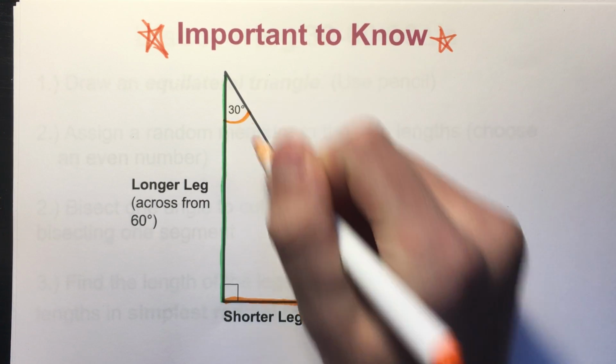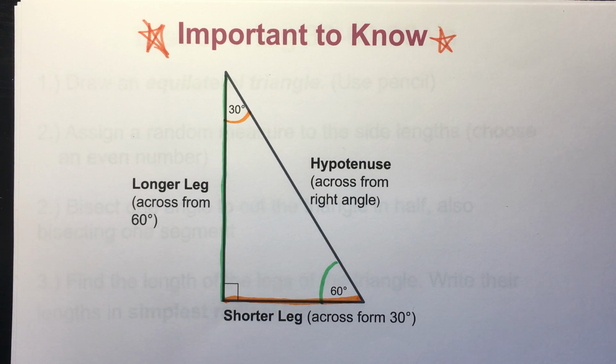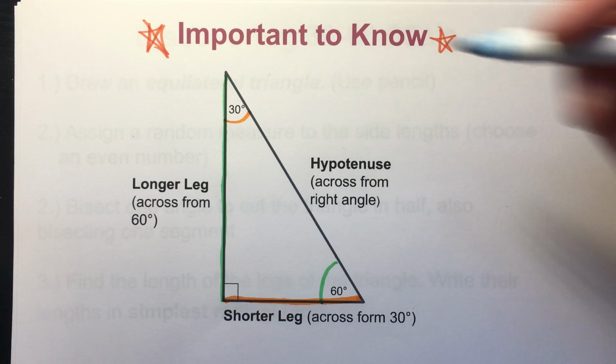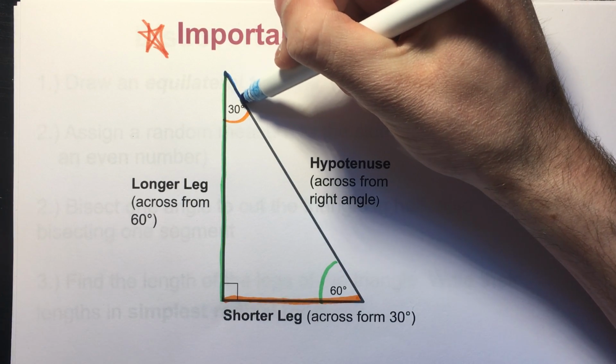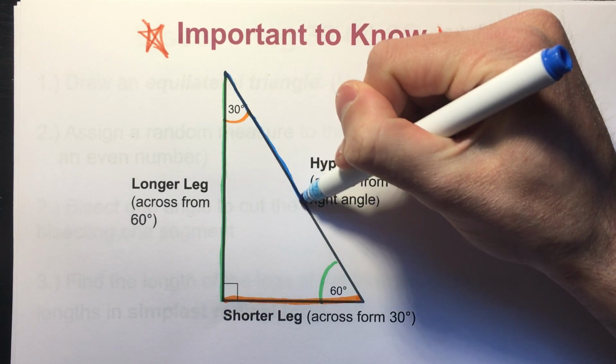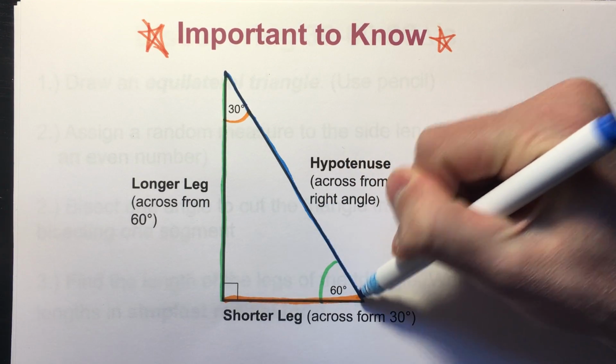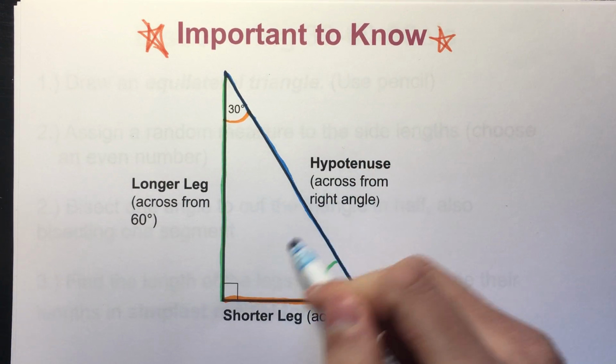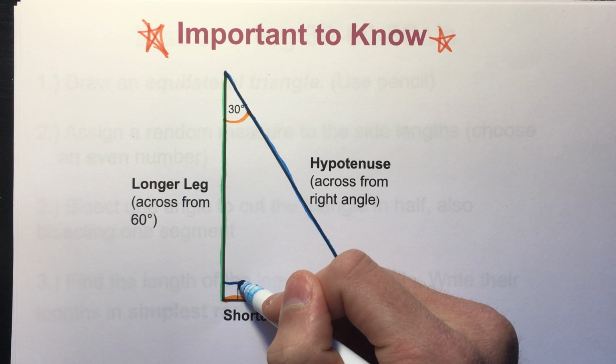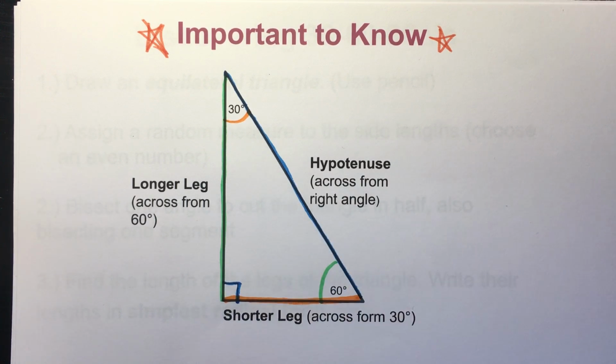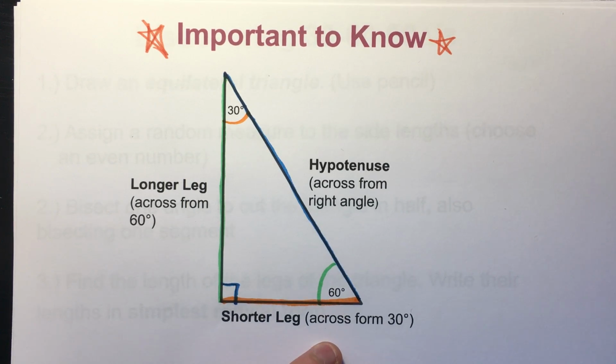And we all know that the hypotenuse is actually the longest side, but we're just going to call it the hypotenuse. And that's directly across from the right angle, which we have here. It's important to know, to clarify these just so we can move forward.